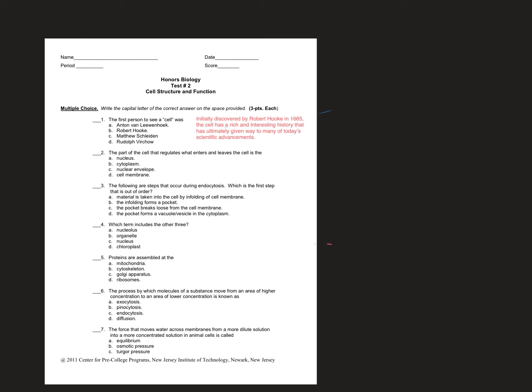So when you get your answers back, consider that we discussed this a great deal, and that the cell membrane is the outside of the cell, the very edge of the cell, that allows things to go in and out.